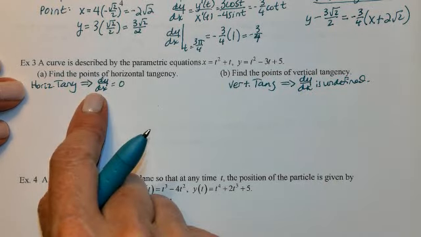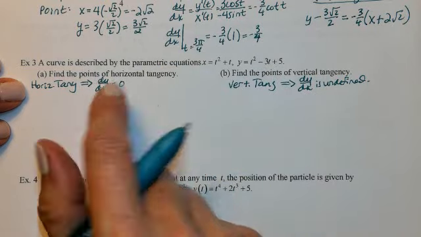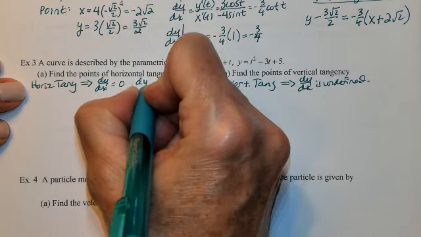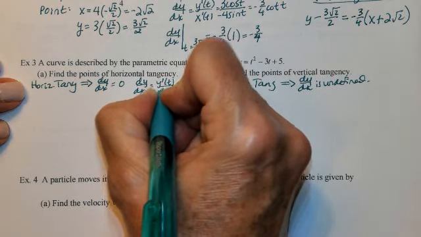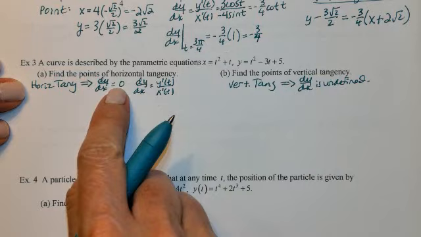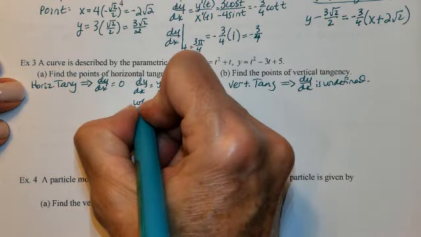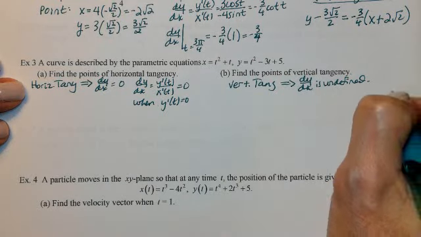Now think about, when we're in parametric mode, dy dx is y prime of t over x prime of t. What would have to happen to make this 0? Y prime must be 0, right?